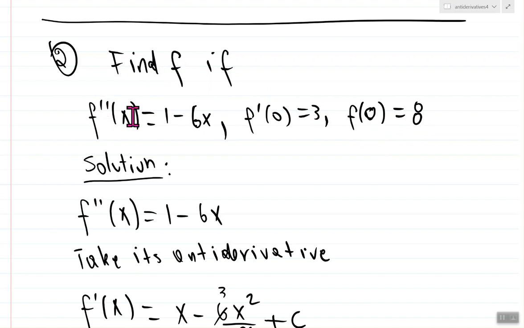So these are what they give us. Okay, so we will use these two conditions as we try to find the function f of x.